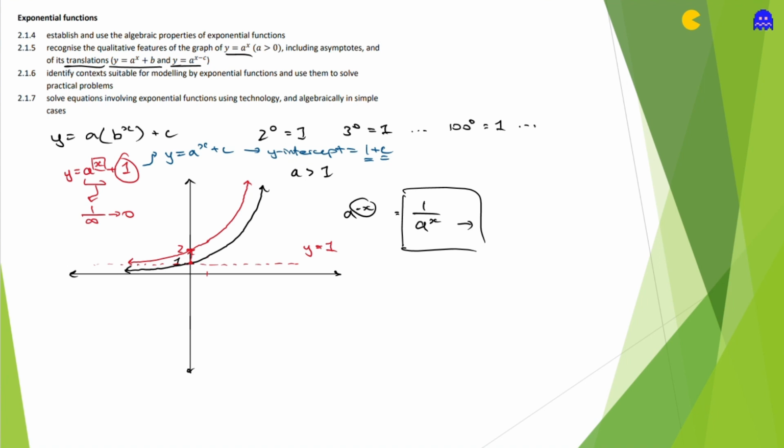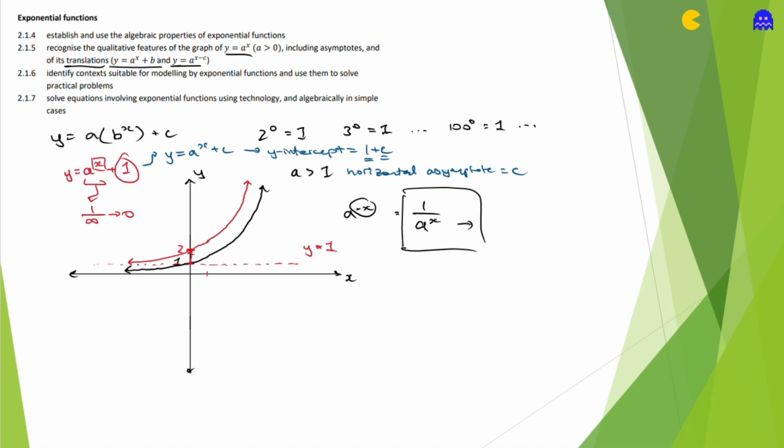And then we also will have a horizontal asymptote equal to c, because our initial asymptote is 0, and we've translated that horizontal asymptote c units in the positive y direction. Okay?